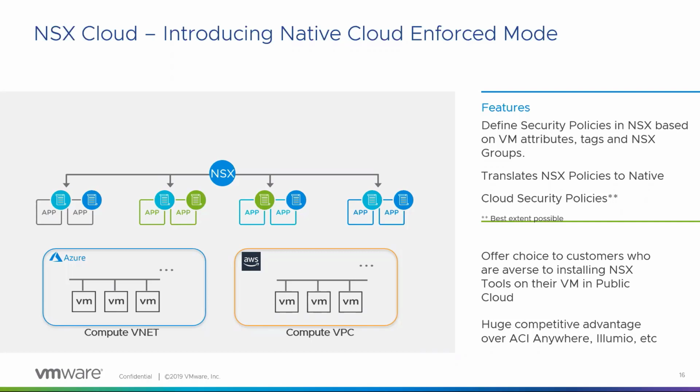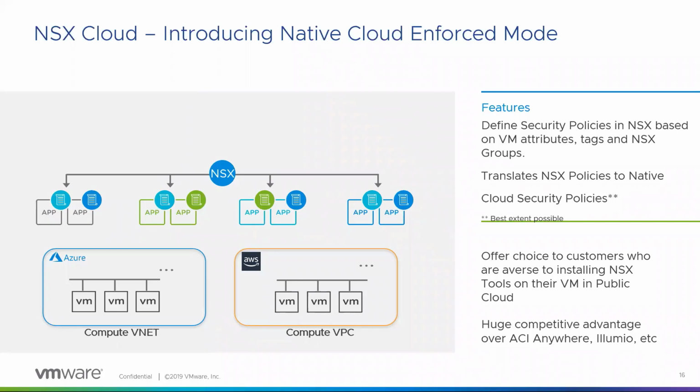We actually will program whatever the firewall rules are that you write into the security group in the case of AWS, and in the case of Azure, the network security group. But that's what's happening there. And again, this does not require us to install any agents into the VMs.